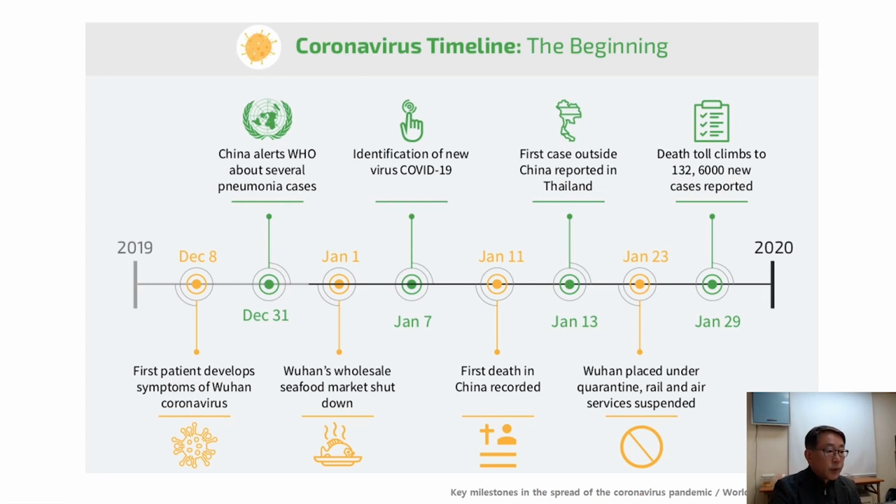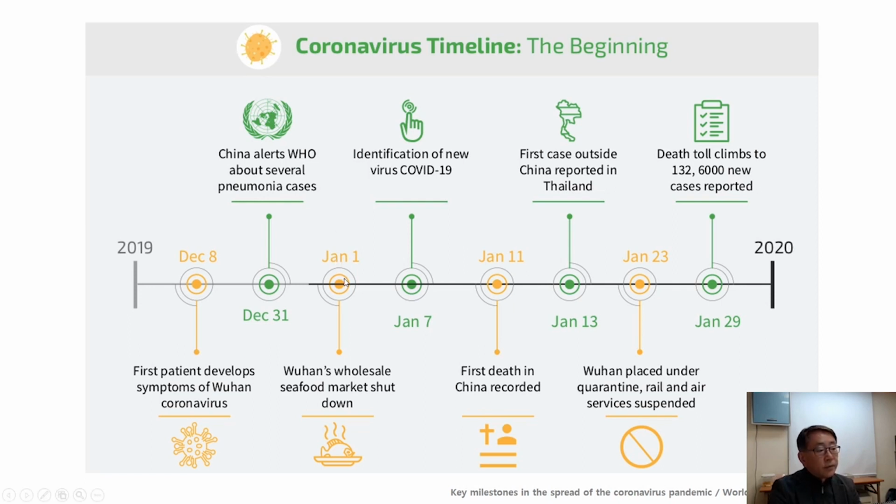The symptoms included coughing, headache, and fever. At the time, doctors in China called it pneumonia-like cases. And last year, December 31st, the Chinese government alerted WHO about these pneumonia-like cases.